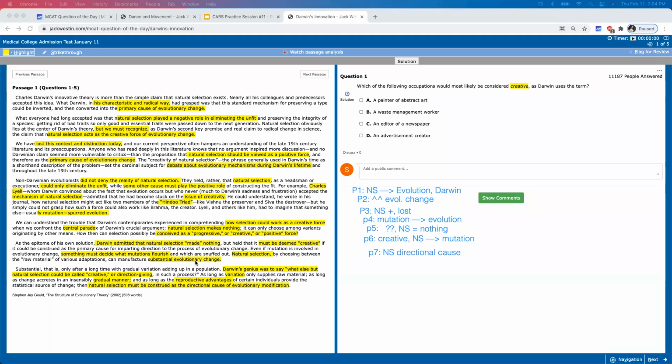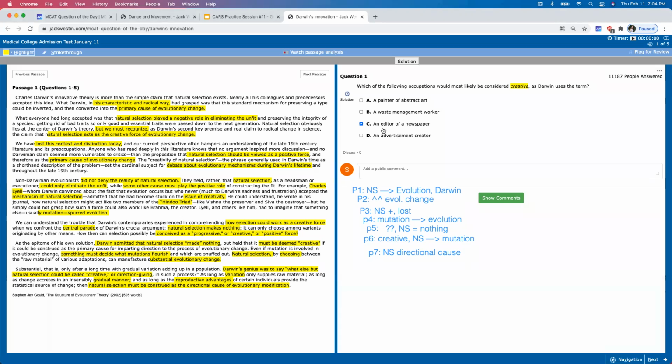So he's saying natural selection is creative because it's choosing what to do. So we want an option that is being creative by choosing something that's already made. And C is the best answer, because an editor is just choosing something that is already made. The paper is usually already written.